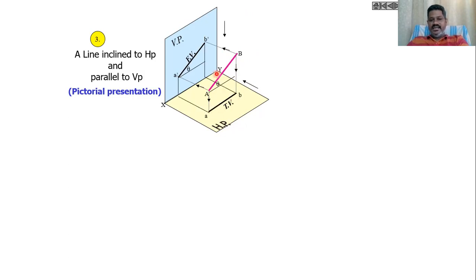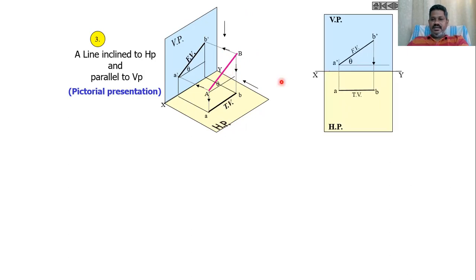This is at a certain distance from VP, and this is above HP, as you can see. So the line A dash B dash is making a certain angle with horizontal, and it is at a distance from HP. That distance we need to maintain here. This distance and this distance are the same.